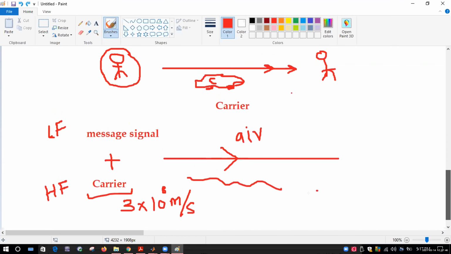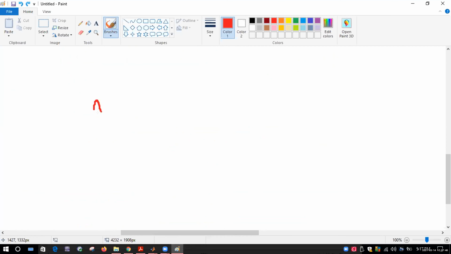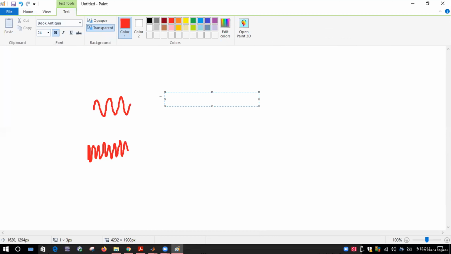Let's say you have 2 signals like this. A little time, small time. Remember, usually low frequency, when we say audio frequency, for example, starts from 20 hertz to 20 kilohertz.